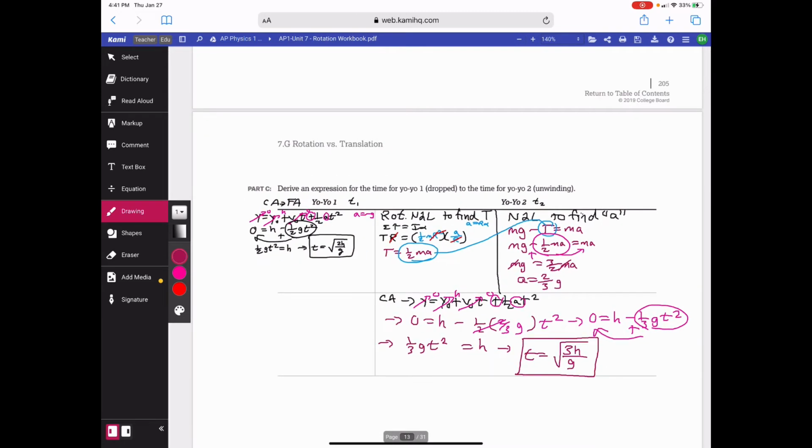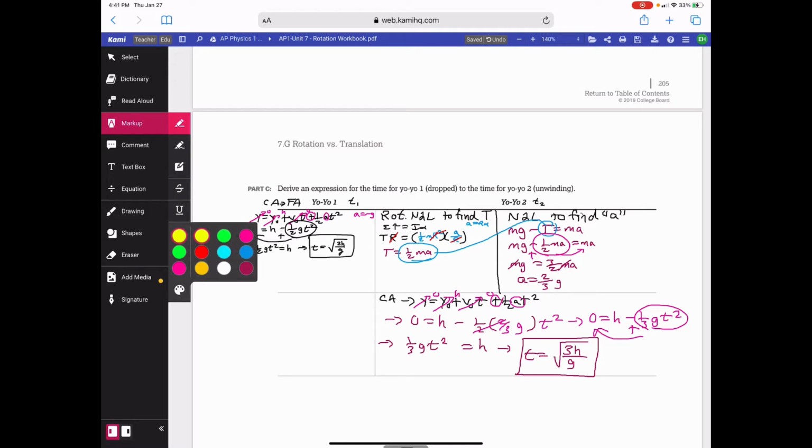You can clearly see it takes less time for yo-yo 1, therefore it's going to land first, than it does for yo-yo 2.